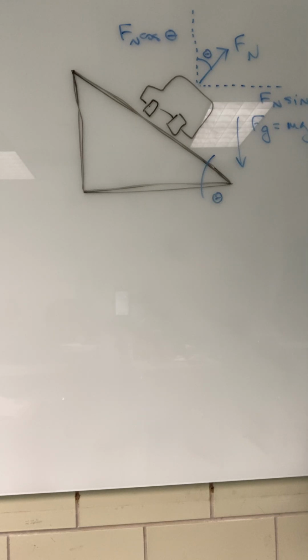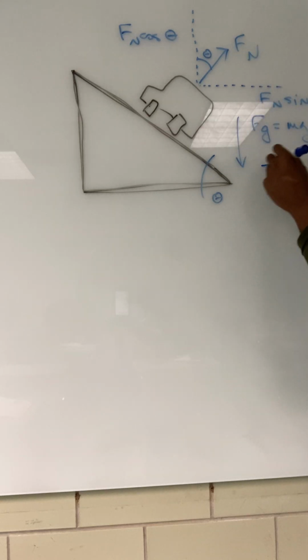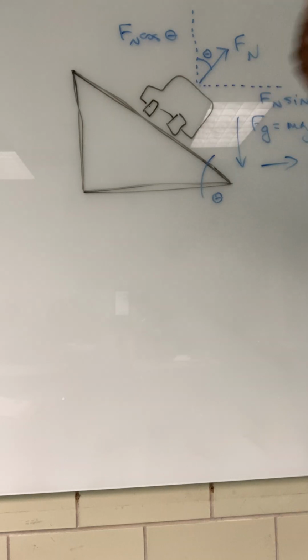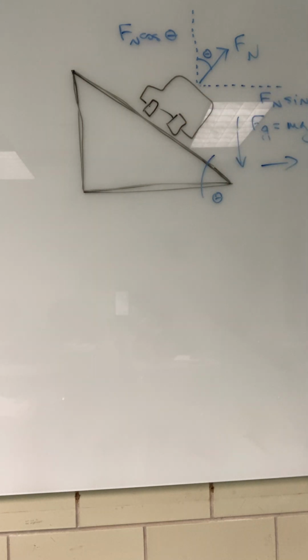So the acceleration in this case is going this way, right? Because the circle is like this, in and out of the board. So the center of that circle is somewhere here, in and out of the board. Okay?